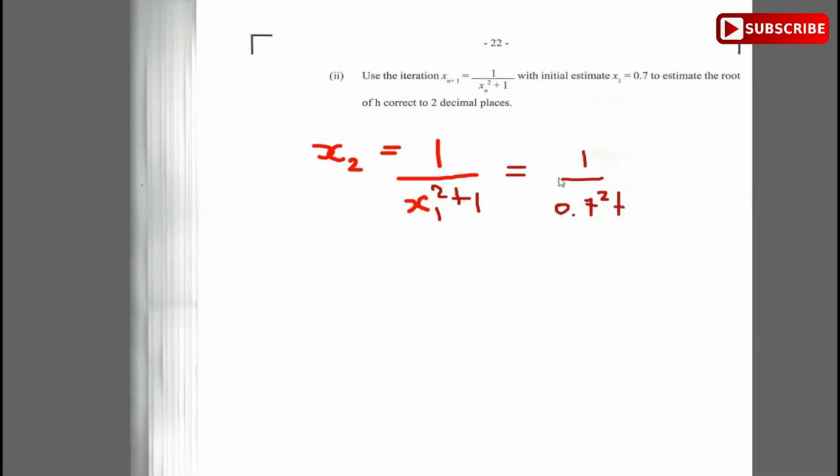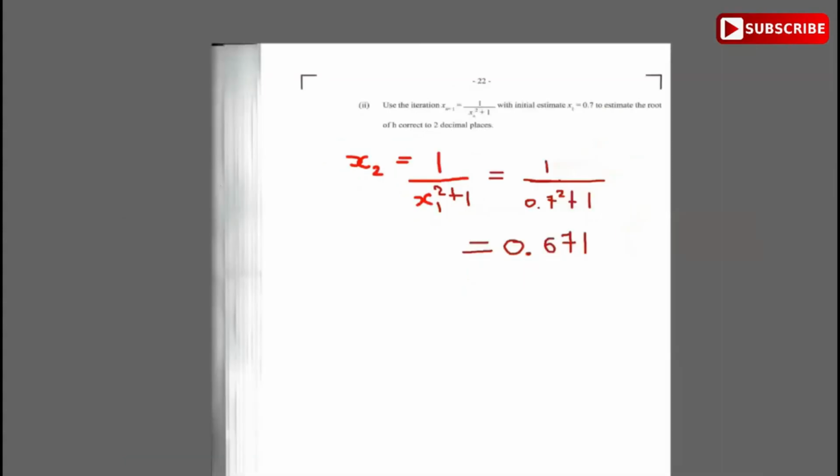So we need to work this out. 0.7 squared plus 1, and 1 divided by that is 0.671. So that's what we get, 0.671. All right, no issues.